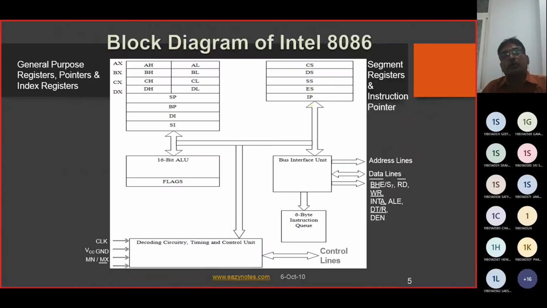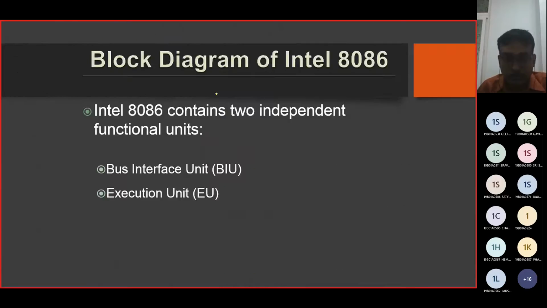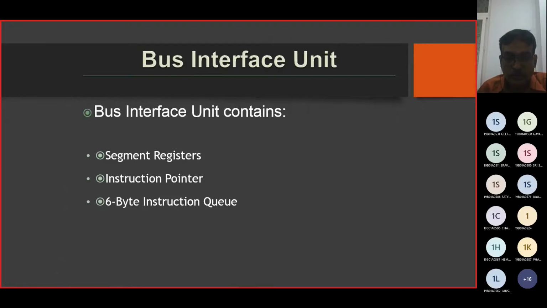Then we talked about the circuitry in the block diagram of 8086. We mentioned that there are two units: one we call the bus interface unit, and another one is the execution unit.